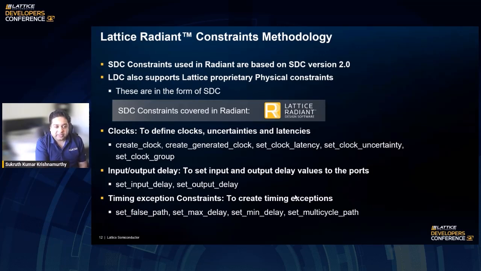Along with the clock constraints, users can also set input or output delays on your IOs using the set_input_delay and set_output_delay constraints. Along with these constraints, SDC also includes timing exception constraints that include set_false_path, set_max_delay, set_min_delay, and set_multicycle_path.